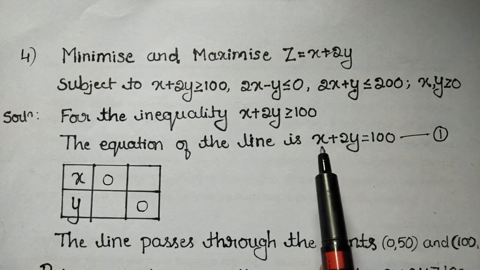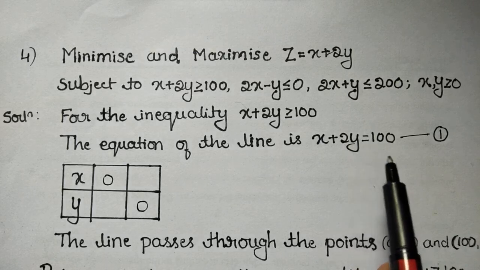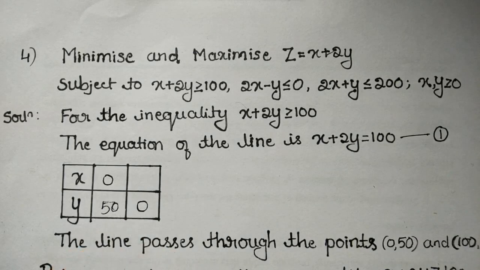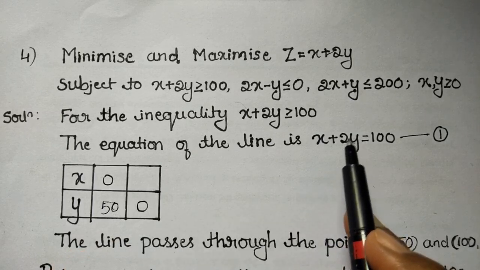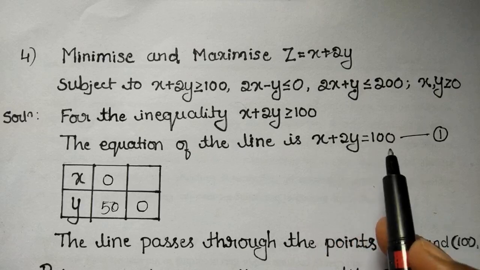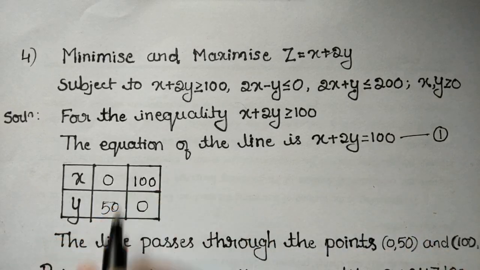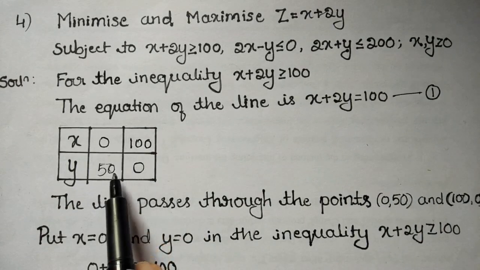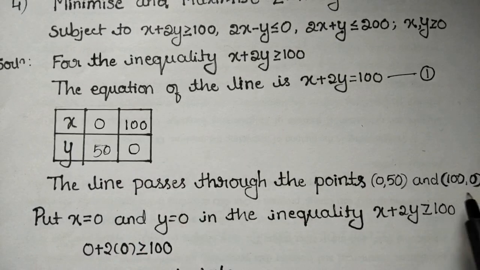The first term will become 0. 2y is equal to 100 implies y is equal to 50. Now put y is equal to 0 in this equation. The second term will become 0. Then x is equal to 100. Therefore, the line passes through the points (0, 50) and (100, 0).